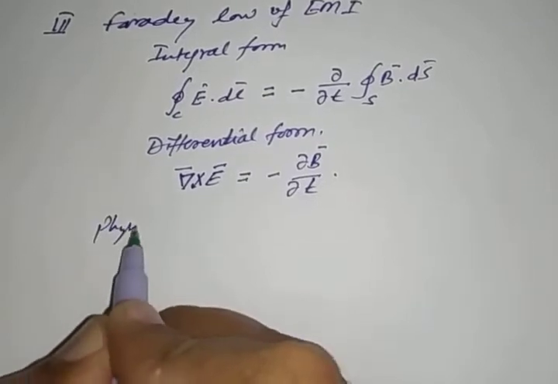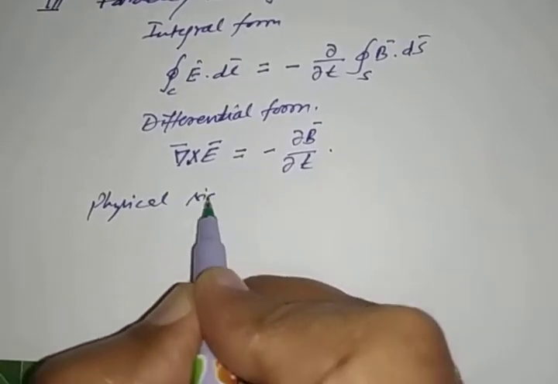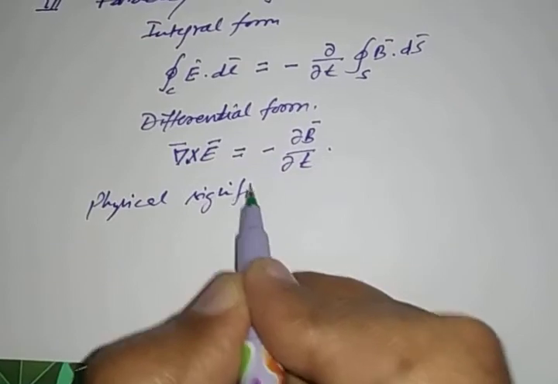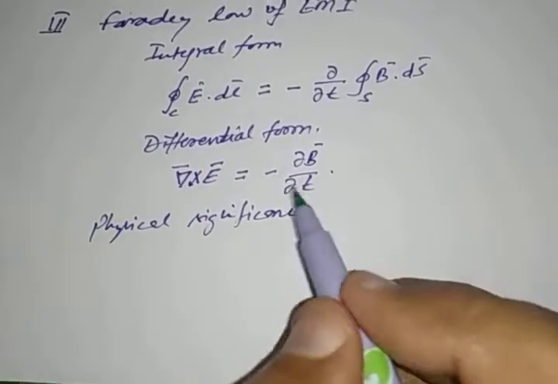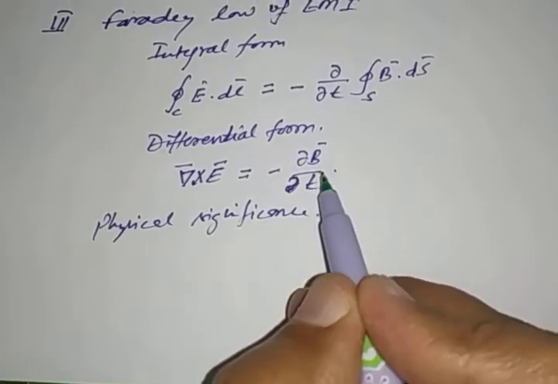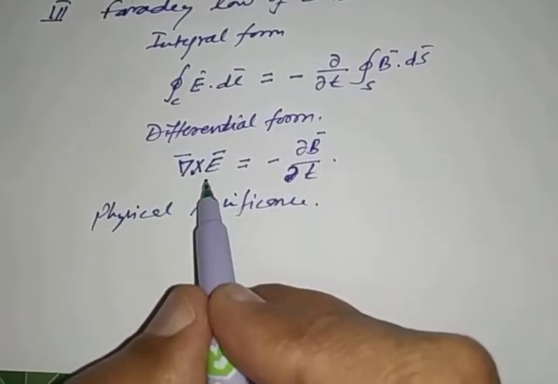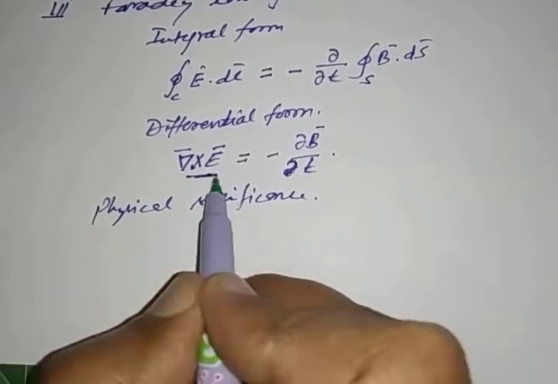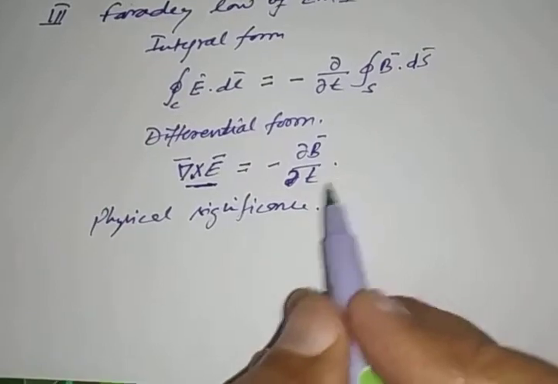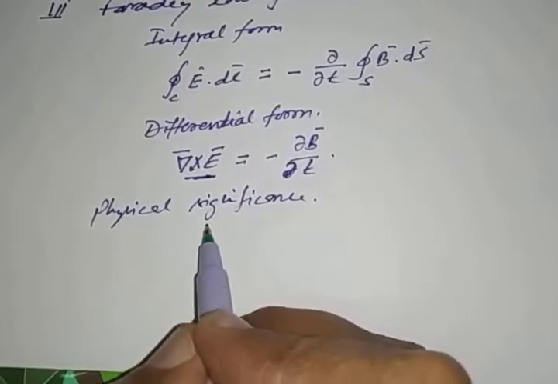If we see the physical significance of this equation again, it says that a time varying magnetic field produces an equivalent electric field, and basically it's a time dependent equation.